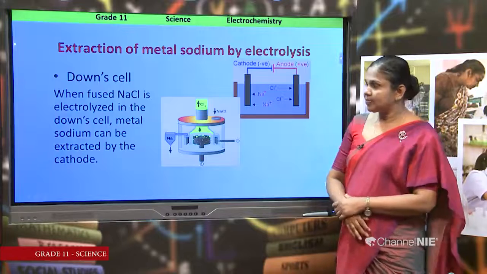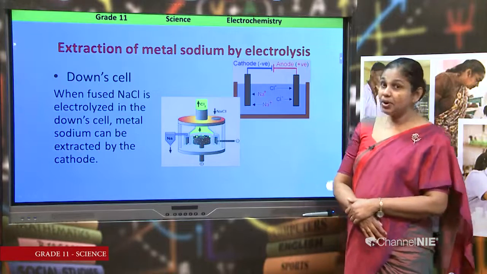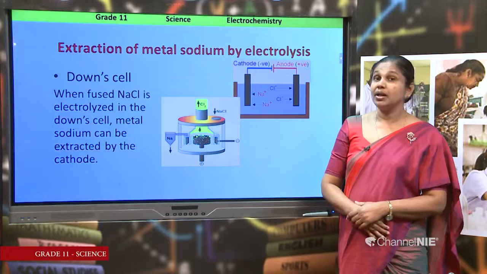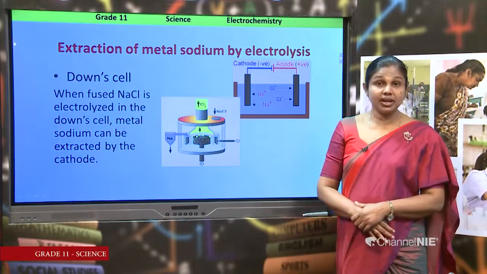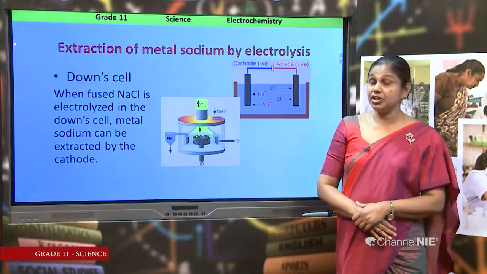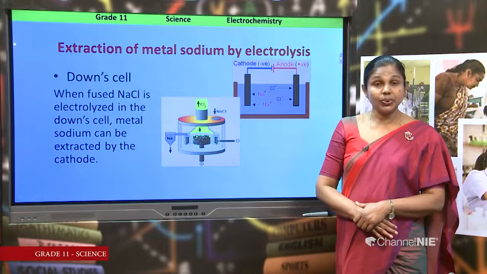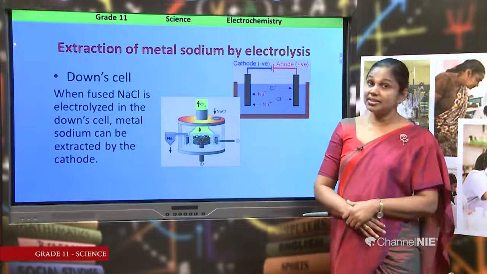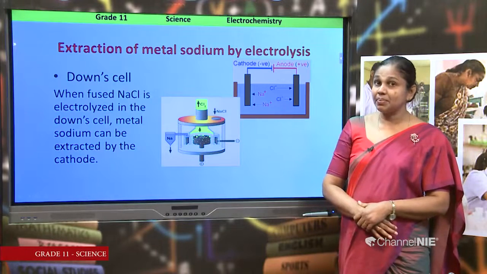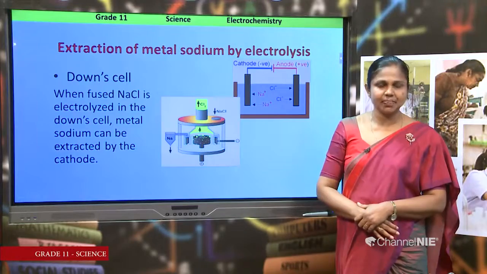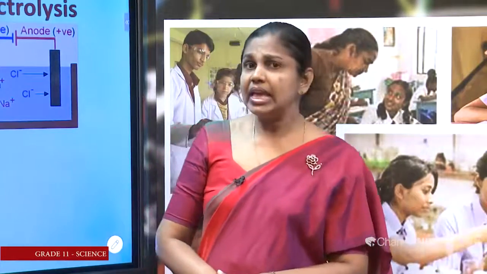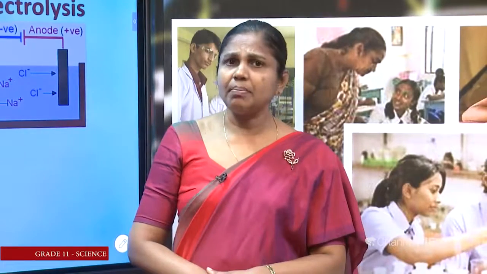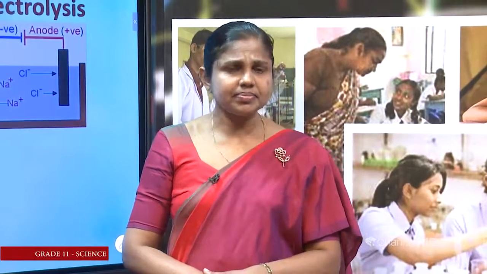Right, children. Now, I am going to explain how metals, especially highly reactive metals like sodium, magnesium and calcium, are extracted by the process of electrolysis. Can you remember in grade 10 you had a topic like this?